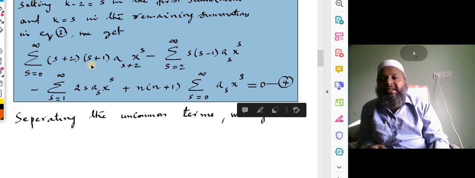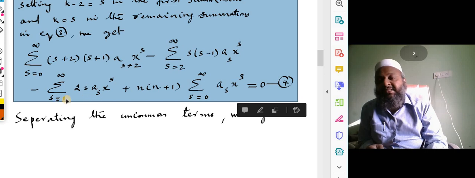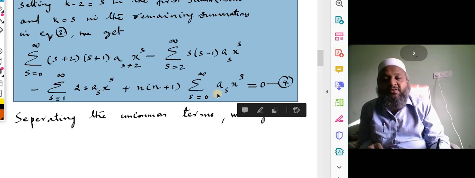So what we will do is separate the first two terms from this, then this summation can be clubbed with this summation. Also, if you remove one term from this by substituting s value 1, the x term can be separated and the remaining summation can be clubbed with the first one and the second one. And if you separate two terms from this, then this summation starts from 2 onwards, a s x square, so this summation also can be clubbed together with all the remaining.